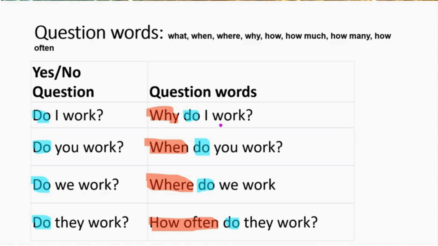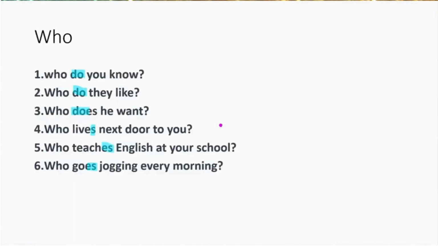You can do the same with he, she, it, or singular subject by saying, why does she work? Why does he work? Why does Sarah work? Using who? Who do you know? Who do they like? Who does he want?